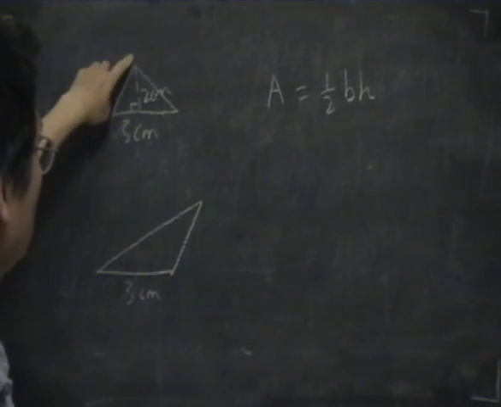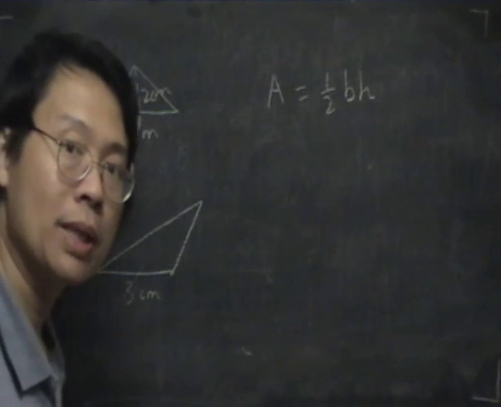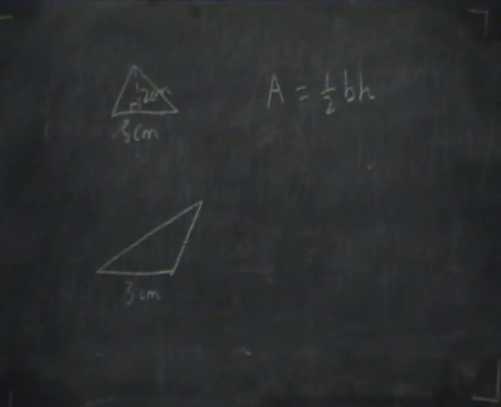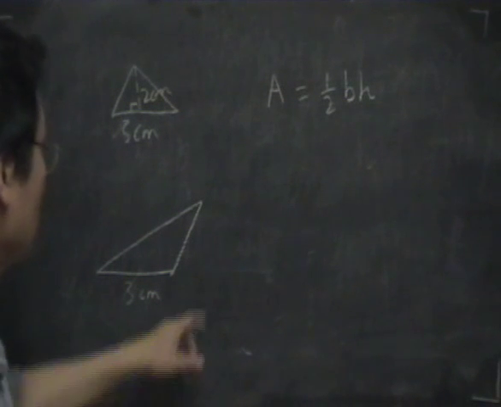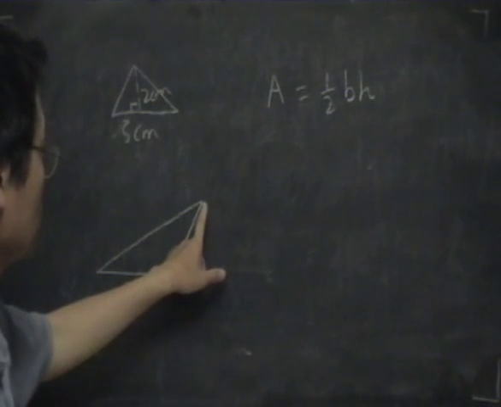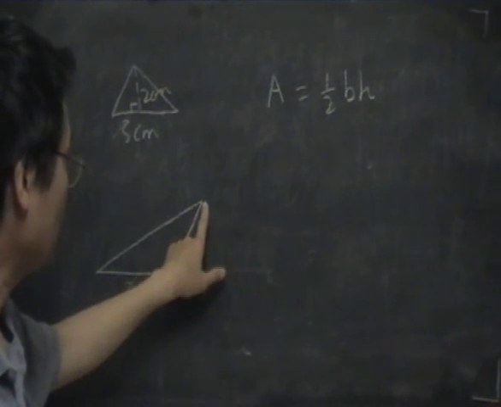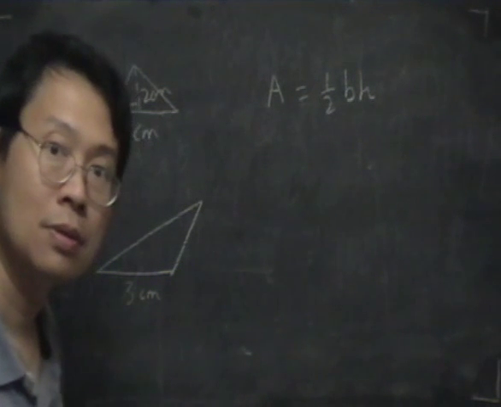I just draw a vertical line from the top to the base, and the length of that is the height. But for this very slanted triangle, if I start from the top of the triangle and I draw a vertical line down, there is no base.